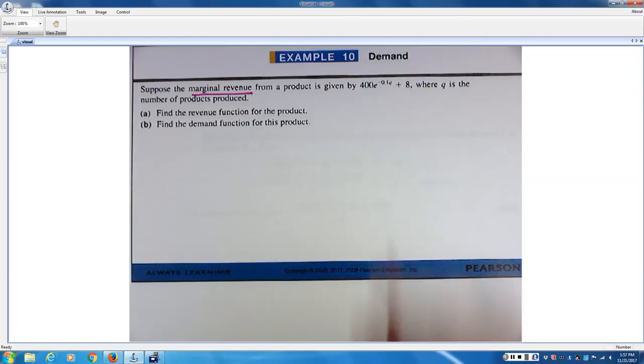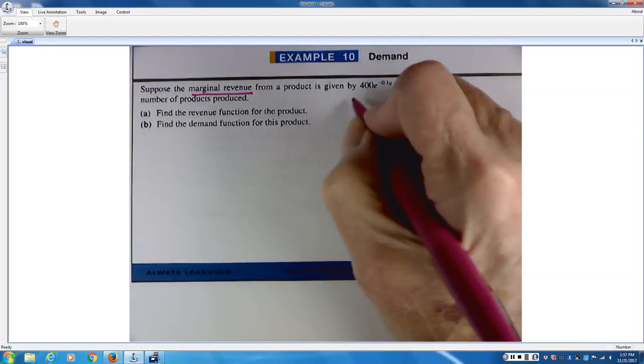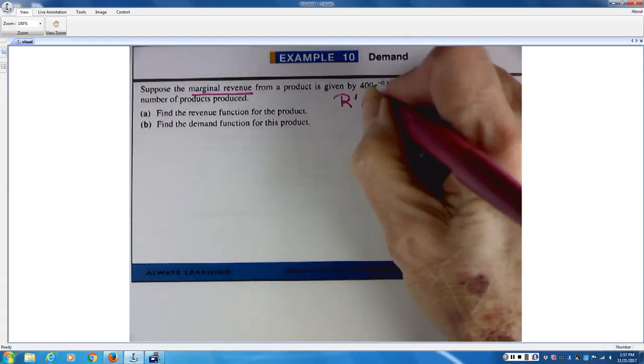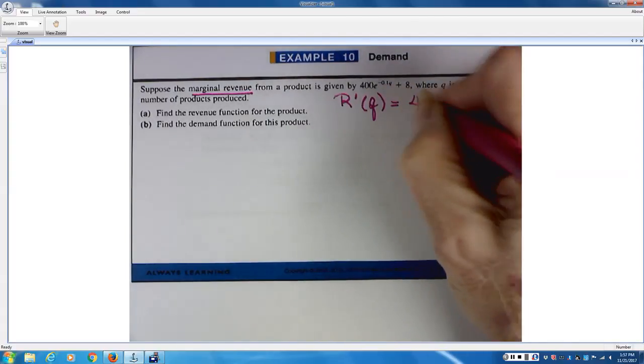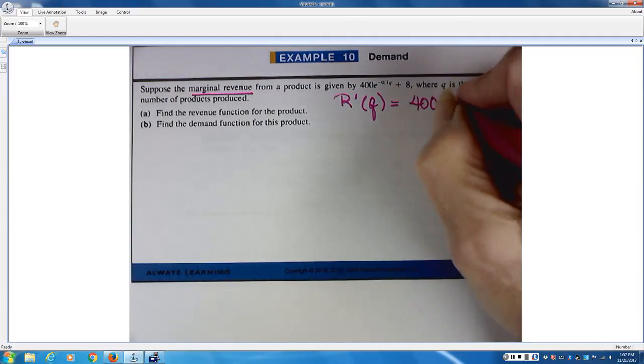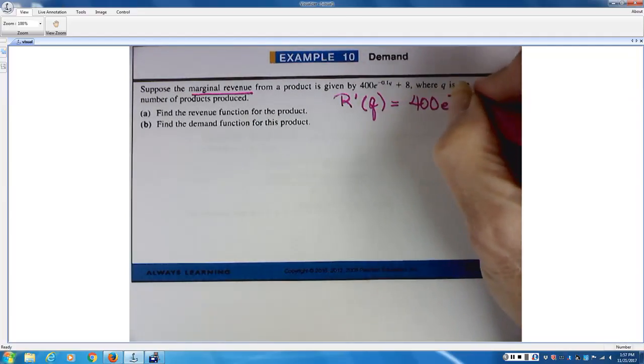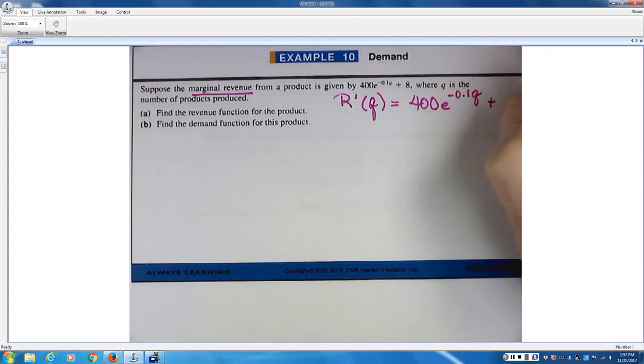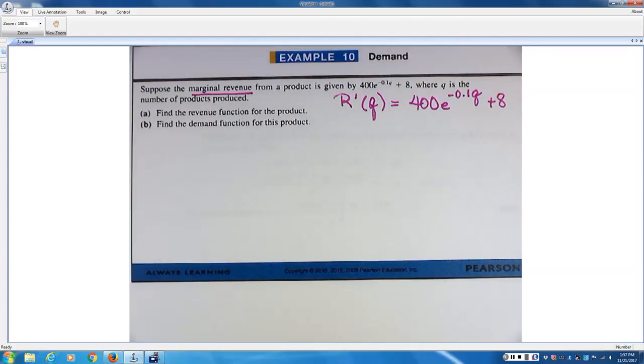Well, this is the derivative of revenue. So there's your derivative. And we need to integrate that derivative to get back the actual revenue function.